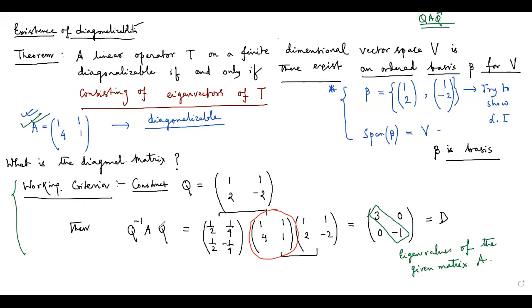Okay, so this is a working criteria. I'm saying you have to believe in that criteria. And if I apply this working criteria, then D is the diagonal representation of the given matrix. And in the diagonal representation, the diagonal elements are the eigenvalues of the given matrix. So a very interesting fact that we have observed over here.